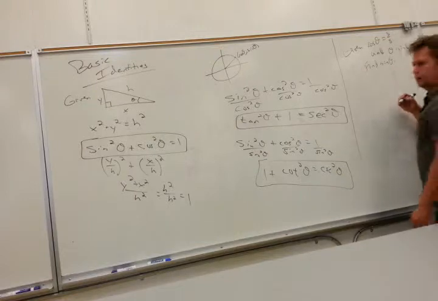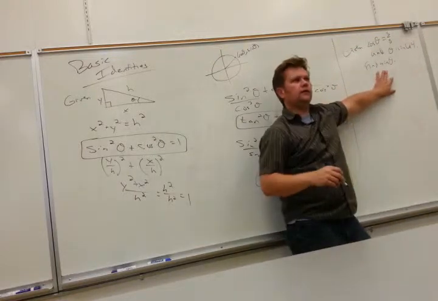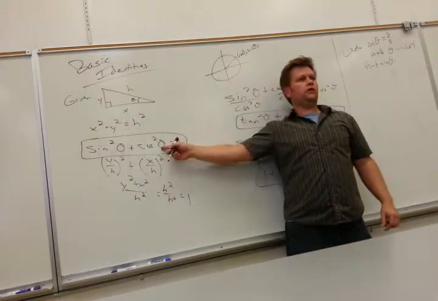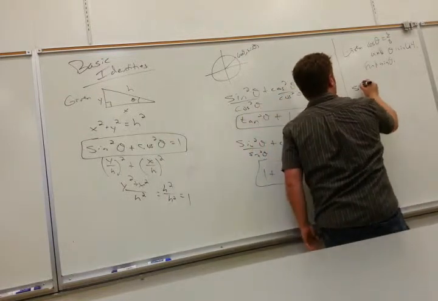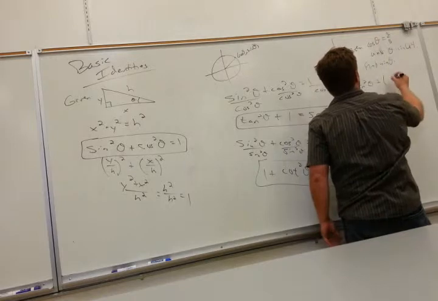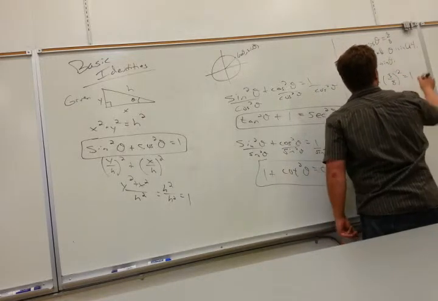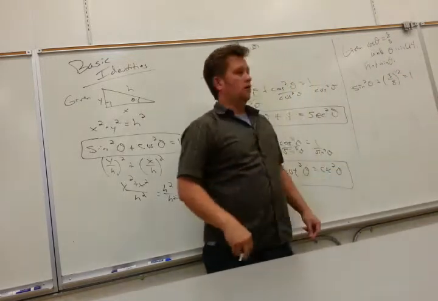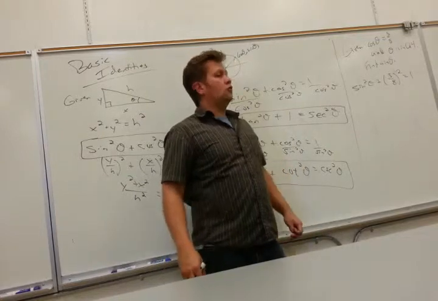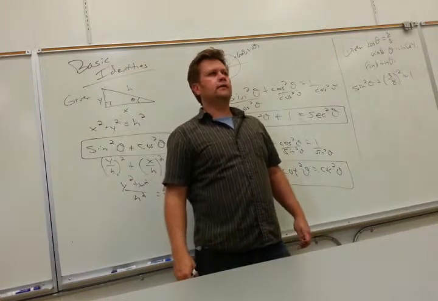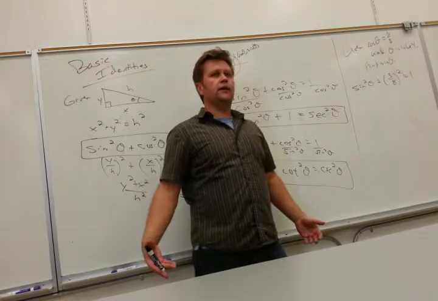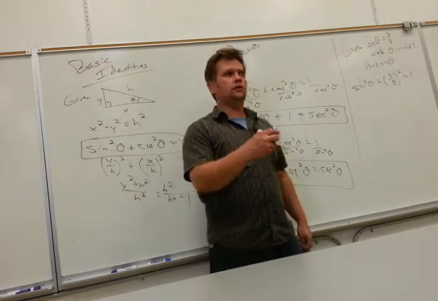I know right that way I can't do it. You could actually use this formula if you wanted to, right? Just plug in what we know. I don't know what sine is, but I know cosine is 3/8. And you see why you need the quadrant 4 information? Because at some point I have to take a square root, there's going to be a plus or minus, and that's going to tell me which one it's going to be.